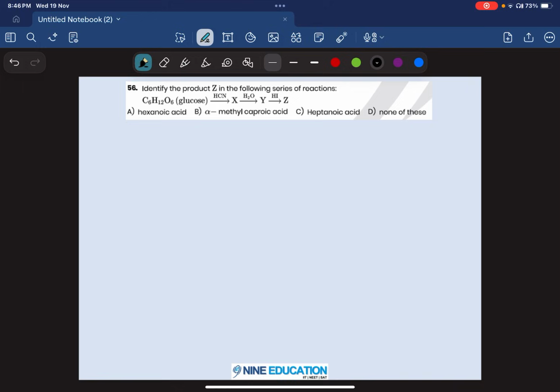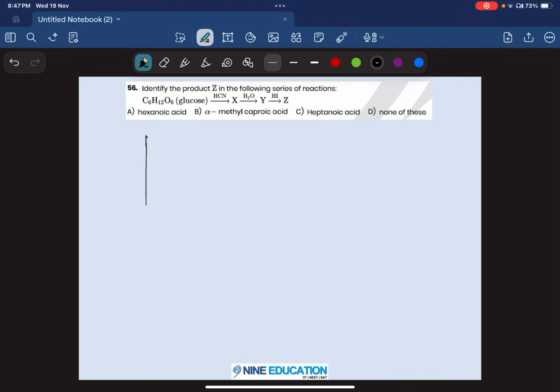So, 56th question. You can look at the 56th question. Glucose upon reaction with HCl. What is the structure of glucose? First thing, glucose structure. Let us draw it in Fischer projection. It is nothing but an aldohexose, right? Biomolecule sort of question it is.